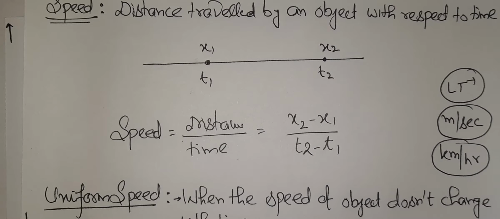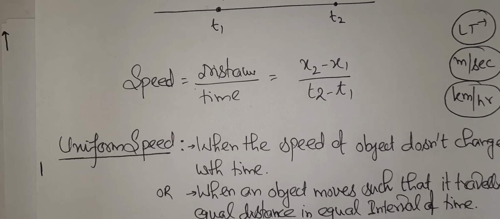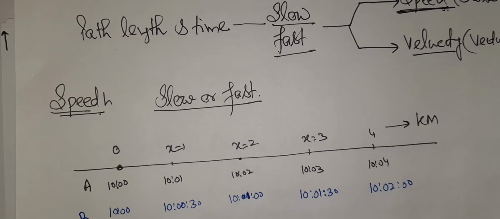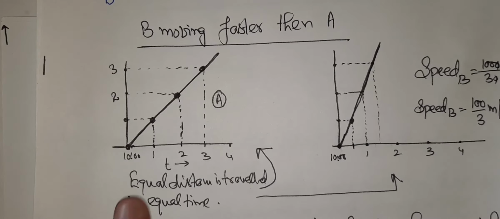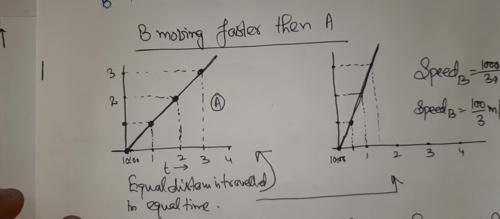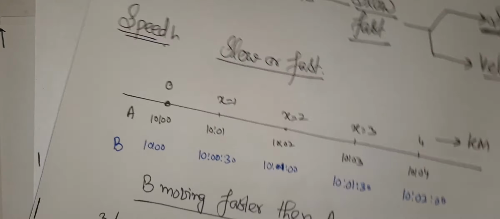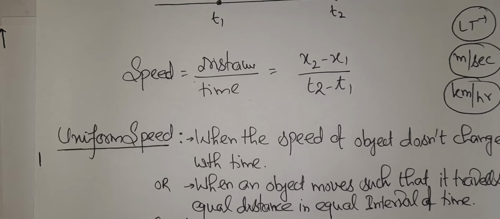Then we concentrated on specific cases, like a body traveling equal distances in equal intervals of time. That time we got the position-time graph as a straight line inclined to the time axis, and I also told you how to calculate the value of speed. And we defined uniform speed also.